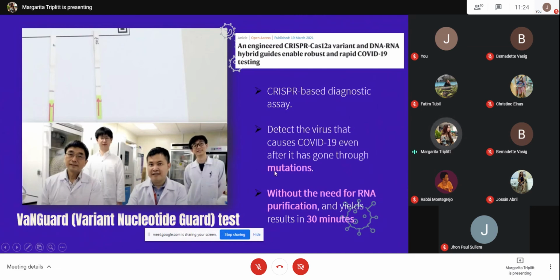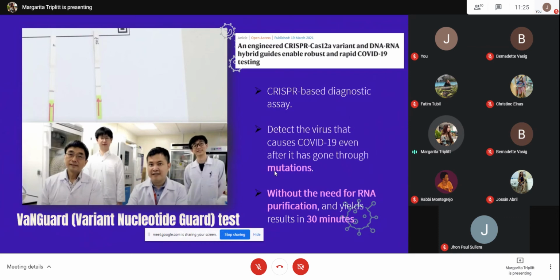So how does this specific test detect the disease even after mutations? It has the ability to detect the virus even if it has undergone mutations, because they use two guide RNAs that could recognize sequences that are extremely similar across different variants of SARS-CoV-2, since there are different variants of SARS-CoV-2, and also that are unique to the virus itself.